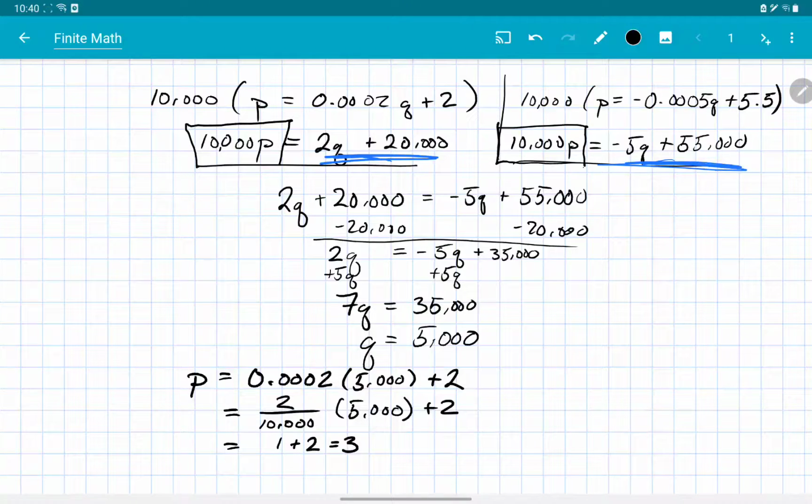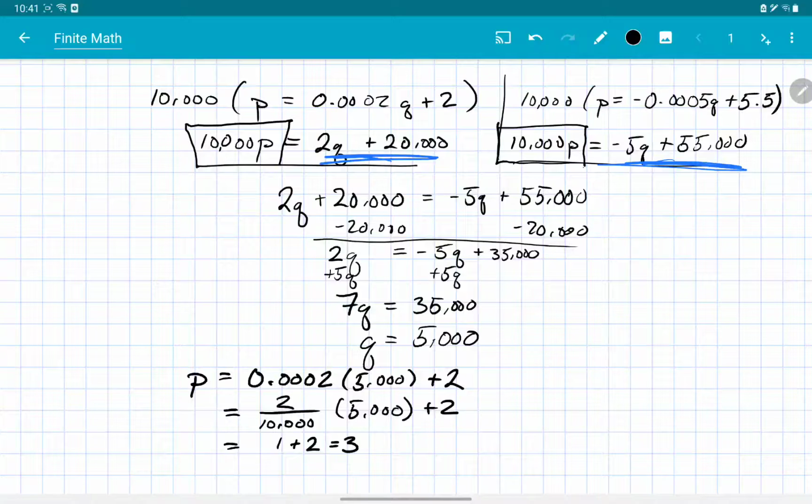Now, I know I'm doing a lot of algebraic tomfoolery here with multiplying by large numbers or changing a decimal into a fraction, right? You may not have the facility with that, but you've also got a calculator you can use too. That's not a problem for me.